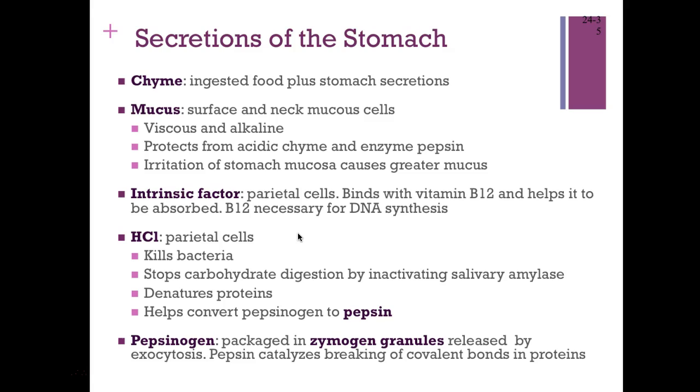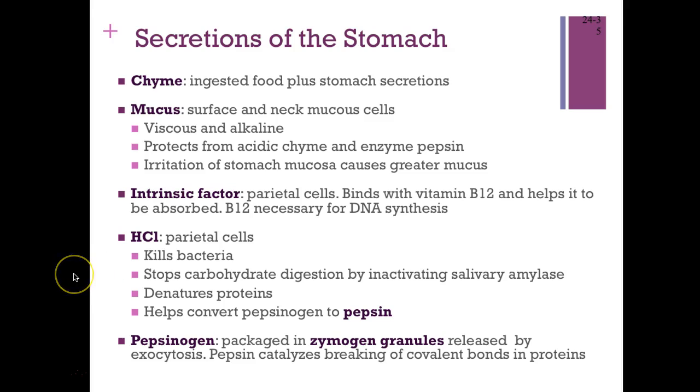So we need vitamin B12 in order for DNA synthesis to take place. Next, we have our hydrochloric acid secreted by our parietal cells. It's going to help to kill bacteria. It stops digestion of our carbohydrates by inactivating salivary amylase.